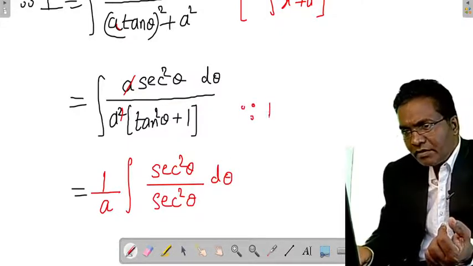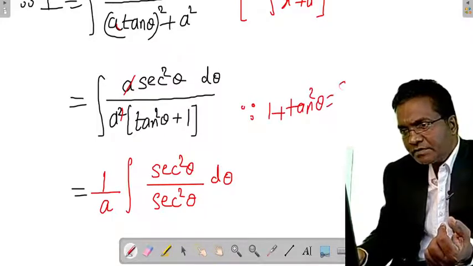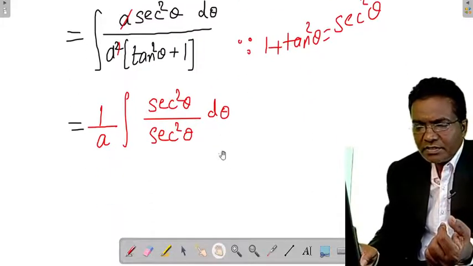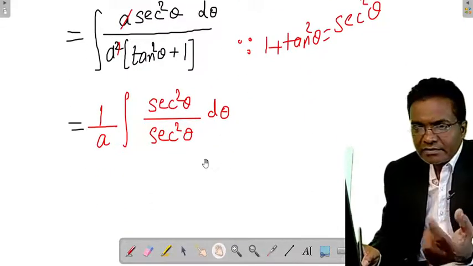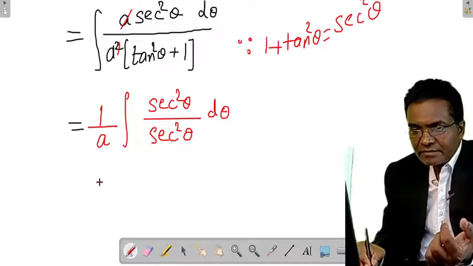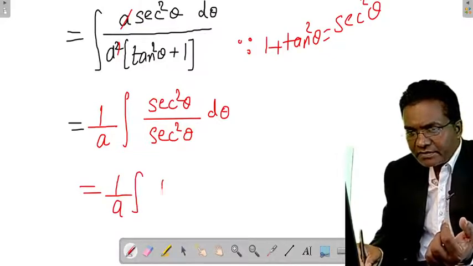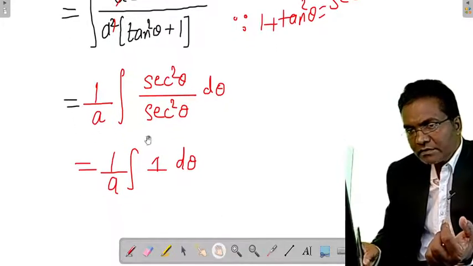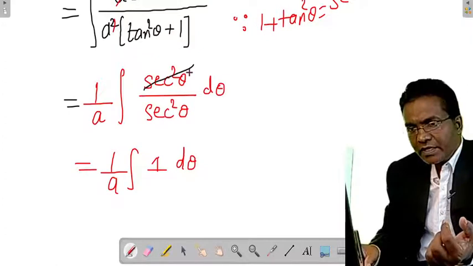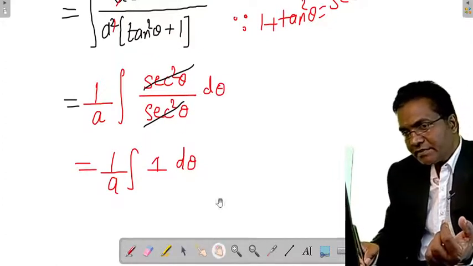Because 1 plus tan square theta is secant square theta. You must be good at trigonometric identities. Secant square cancels.